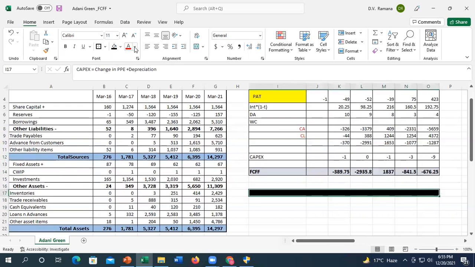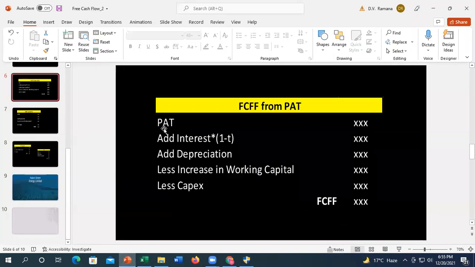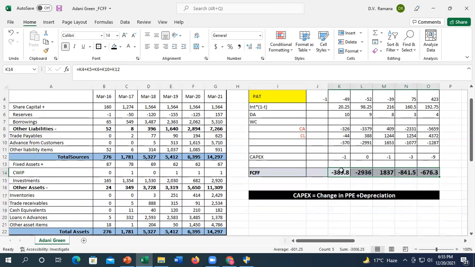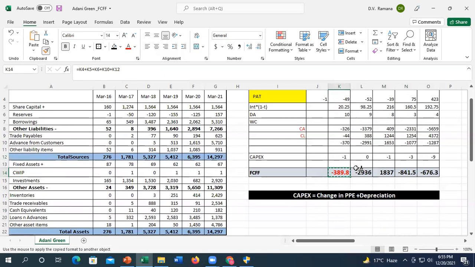So we have now done almost all the adjustments required for the purpose of the free cash flows for the firm. PAT, as we can see, add interest into 1 minus T, add depreciation and amortization, less increase in working capital, and less CAPEX. And that's exactly what we did here. And it's important to observe that the FCFF of Adani Green is negative. Only in 1 year the FCFF is positive.